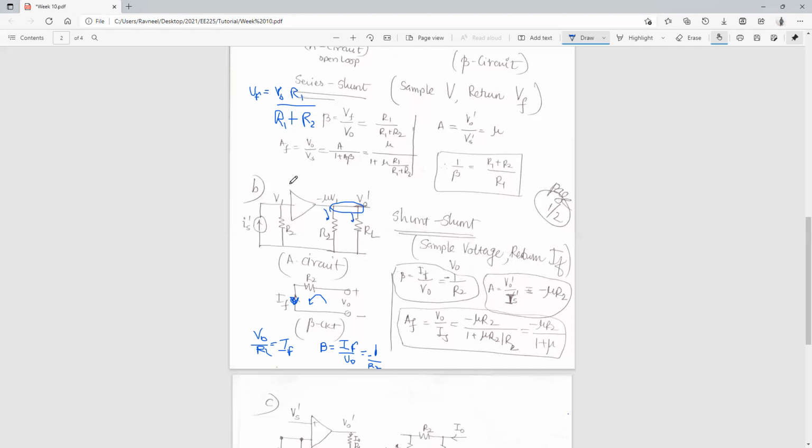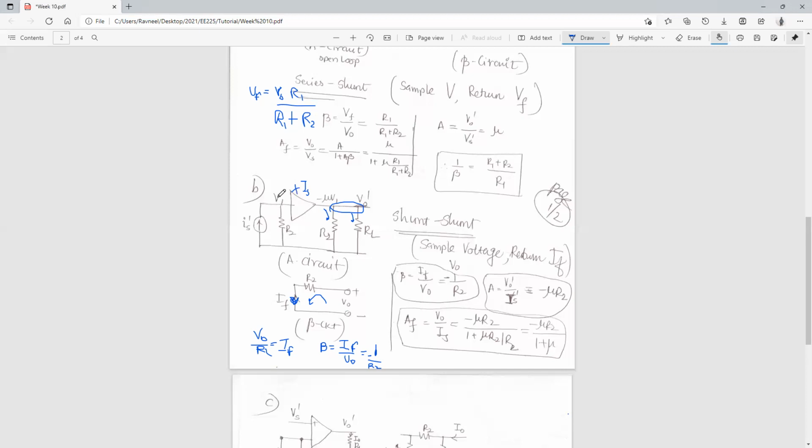That could be, let's say, the gain across this op amp, and then the gain becomes A times IS. Not A, let's use some other variable, X. So let's say the gain across this op amp is X times IS.